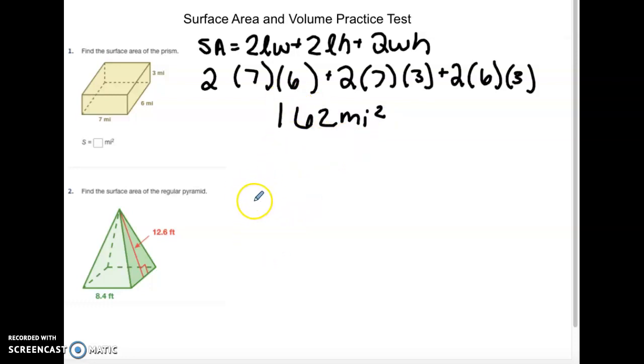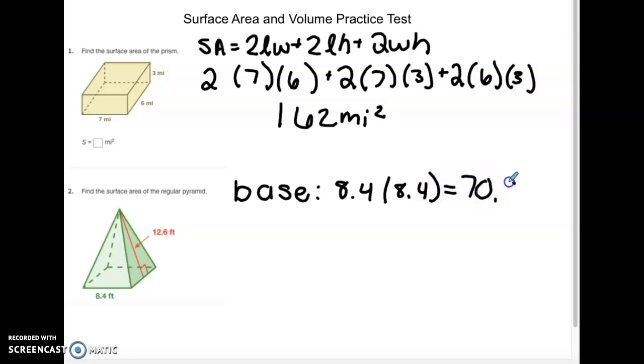Okay, and number 2, find the surface area of the rectangular pyramid. So first I'm going to find the area of the base, which is a square. So that's length times width, which is 70.56. And then there are 4 sides here. So I'm going to start with the 4.